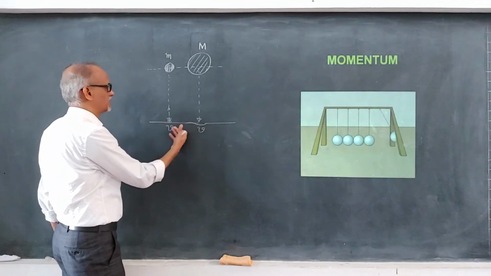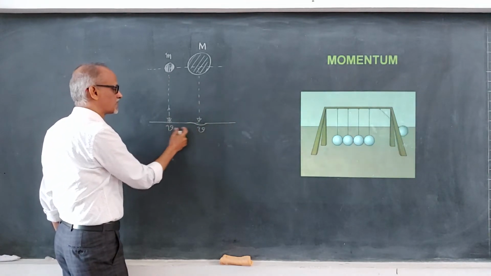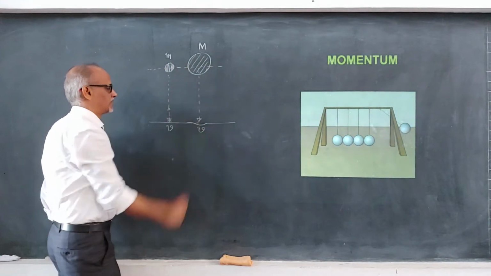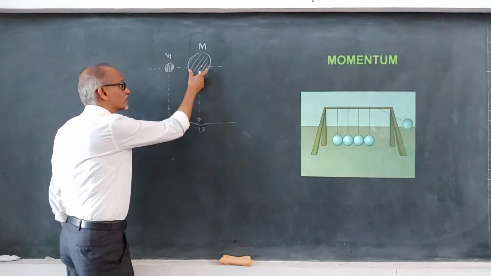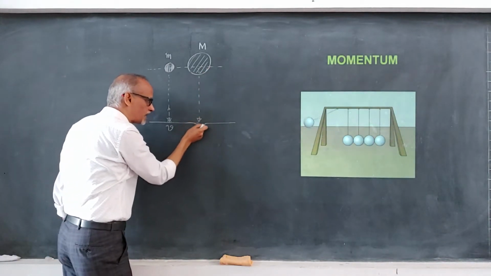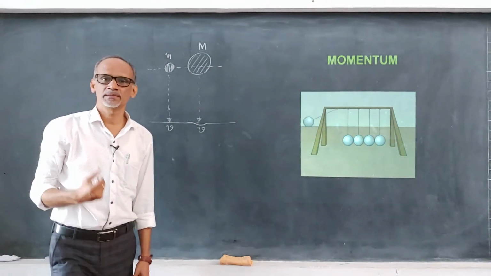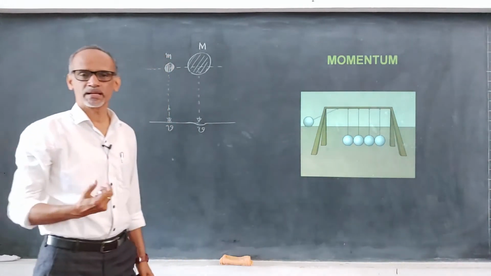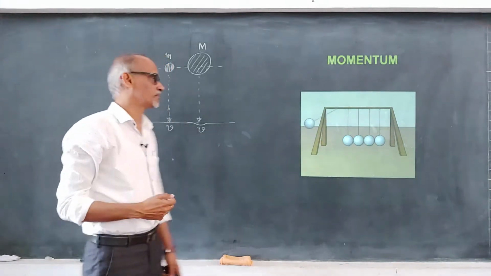So, in this example, the velocity of the two bodies is the same, but the masses are different, and because of the difference in mass, as it falls, the shot put causes more damage to the ground compared to the rubber ball. Here we have a term that depends on both mass and velocity, and we call it quantity of motion associated with the body, and that is called momentum.